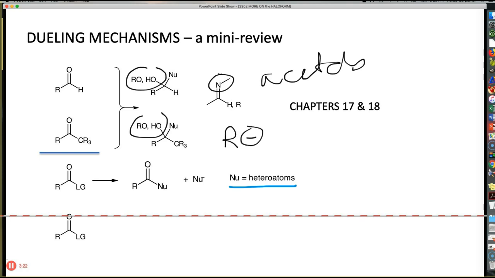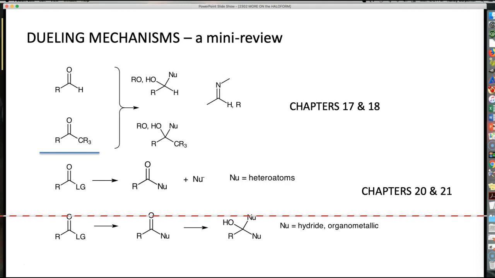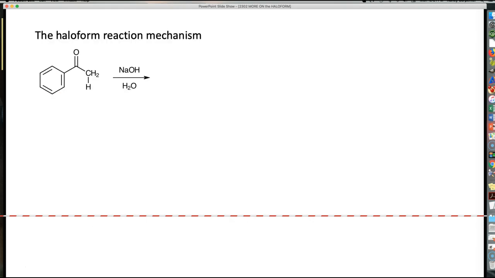Well, we're doing the same thing in chapter 20. We're looking at the addition of heteroatoms first, looking at esterification, transesterification, hydrolysis, and so on. And then we're going to look at those harder, scarier nucleophiles like H- and the Grignard. So, this is the big mini review for those 4 chapters.